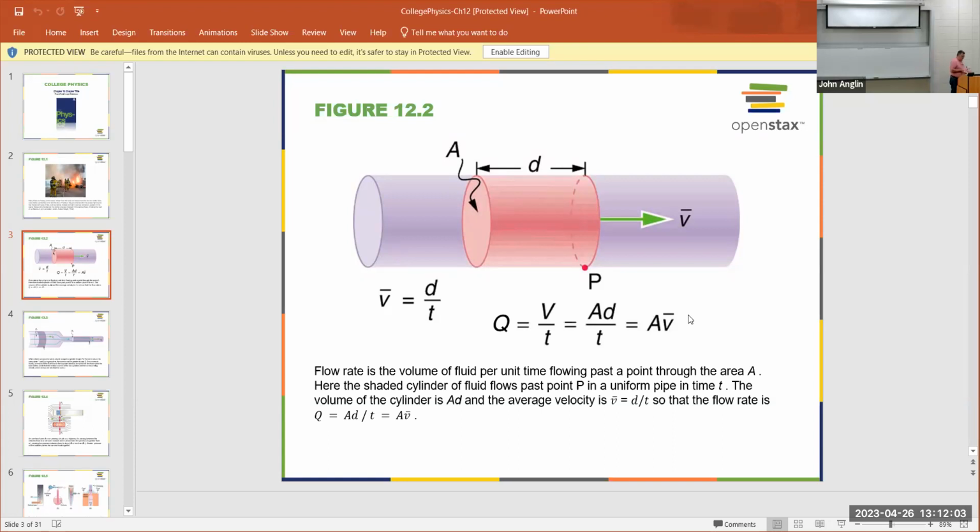Let's say that we have some velocity. The water fluid, whatever it is, flows through a particular opening at some velocity.